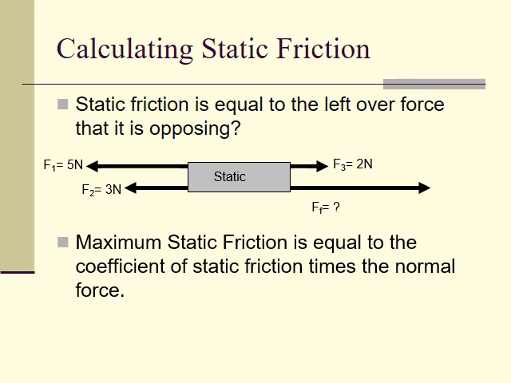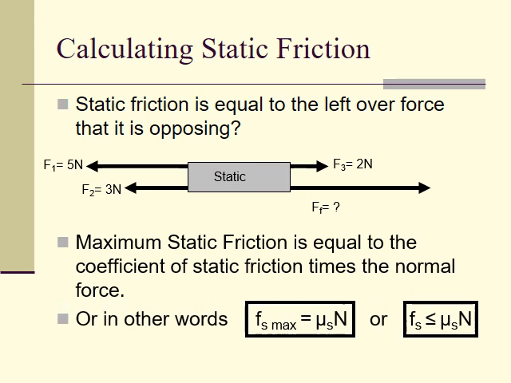The maximum static friction is equal to the coefficient of static friction times the normal force. It's the same exact equation, but this time, instead of just Fs, it's Fs max, right? You never use this equation unless you need to know the maximum amount of static friction possible.